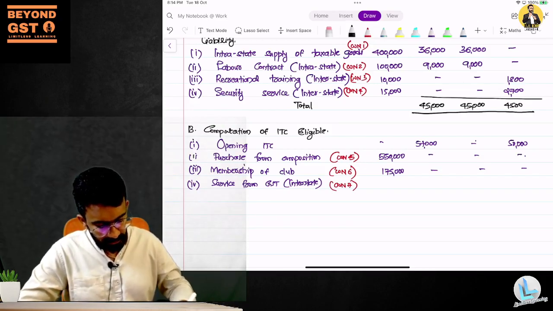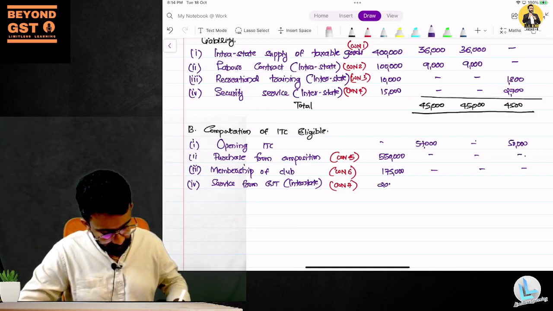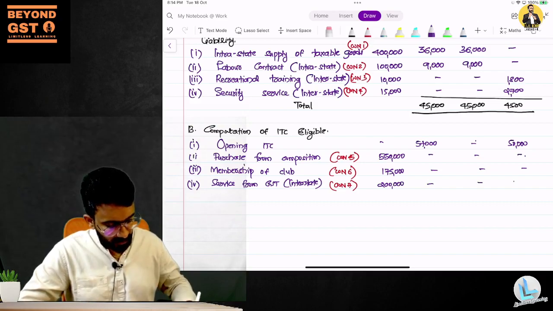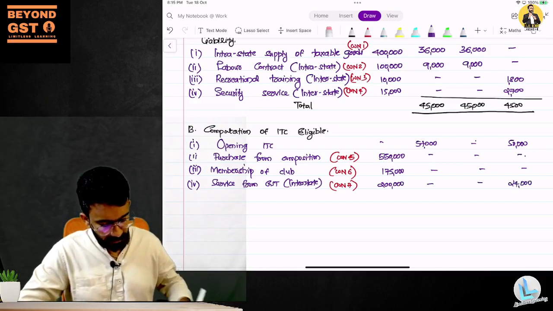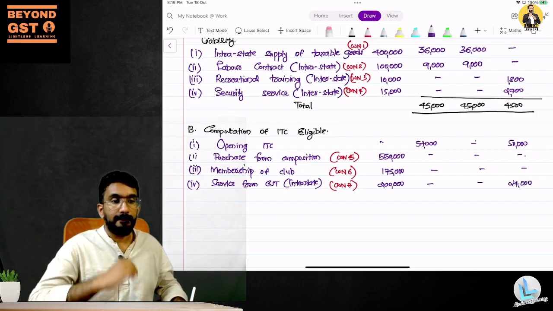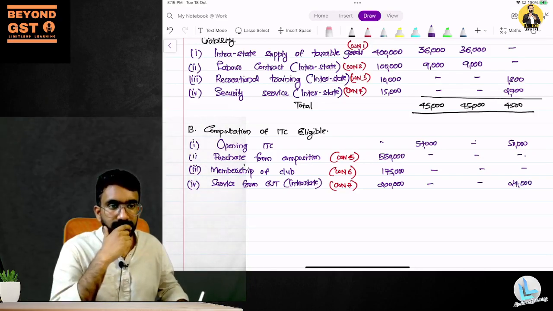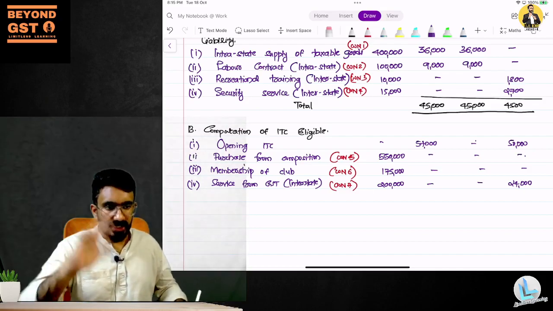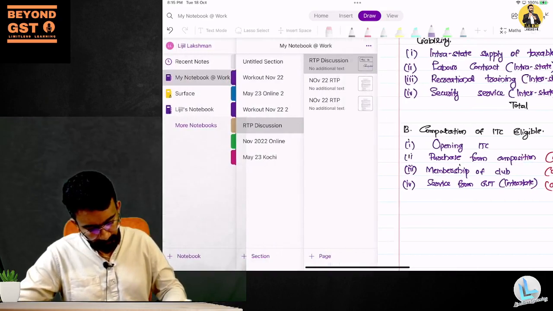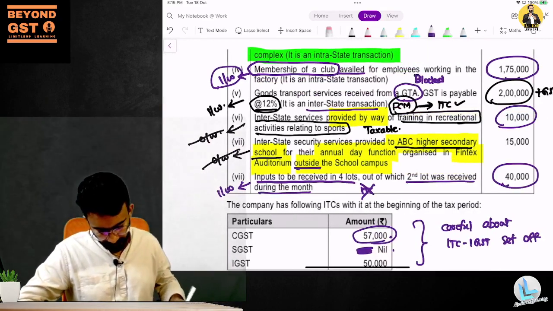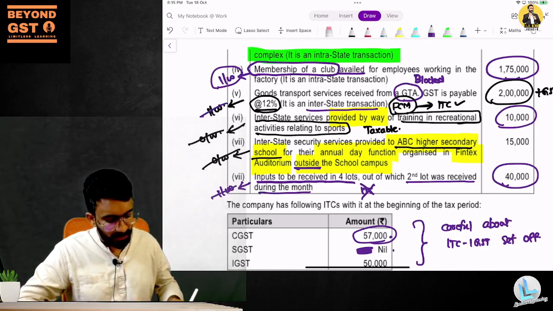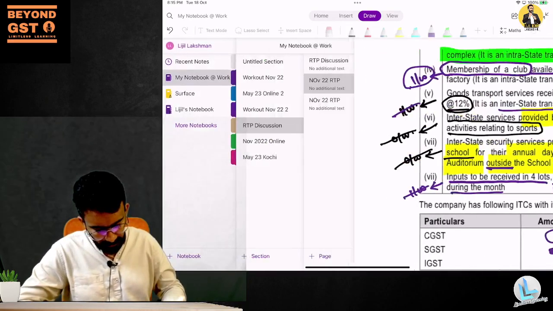How much will be the credits? 24,000, because it's 12%. It's already given GTA is paying 12%. So this is also over. Now the last, inputs received in lots, 40,000. Can I take credit? No.